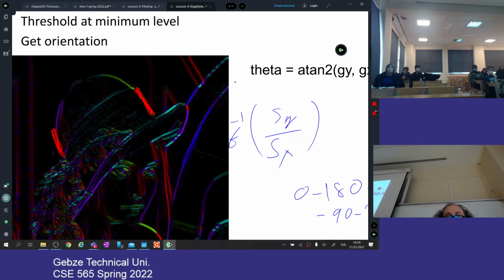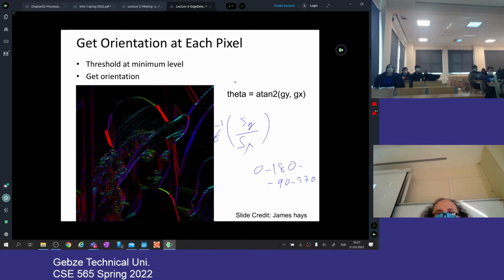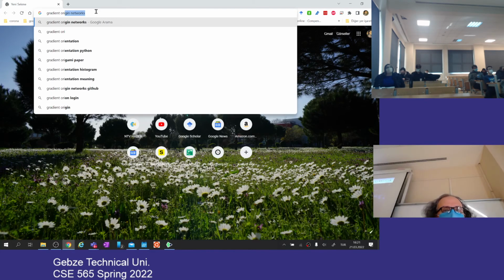For most of this image, everything is black. It is black because gradient magnitude is very low. For those parts, I didn't show you the orientation. There are usually better images on the web. Let me show you a gradient orientation image.